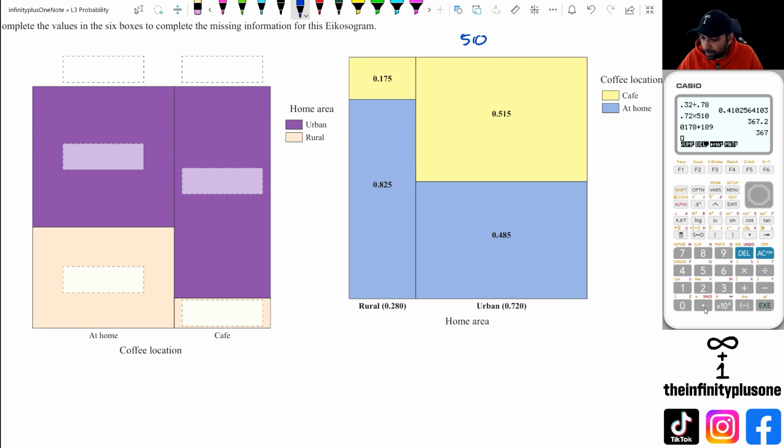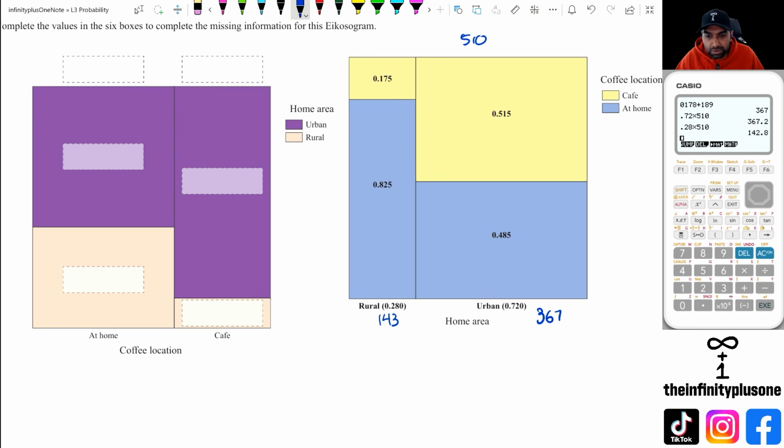With urban, I've got 0.72, so I'm going to go 0.72 times 510. As you can see, I've already done this. I've got 367, so I'm going to round that to 367. And 0.28 times 510 gives 142.8, which I'm going to round up to 143.